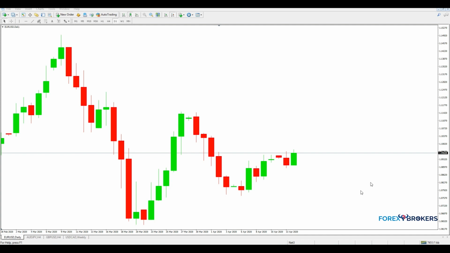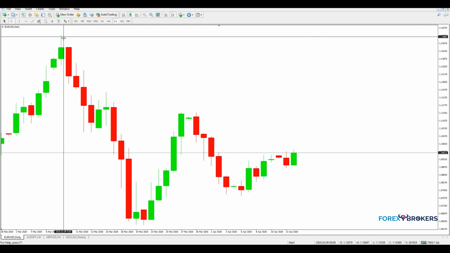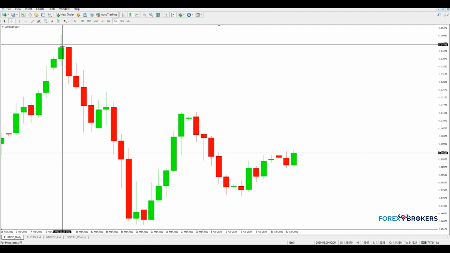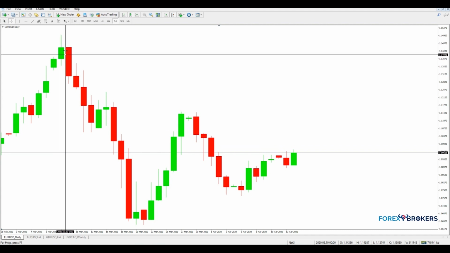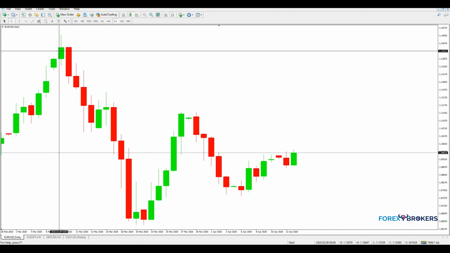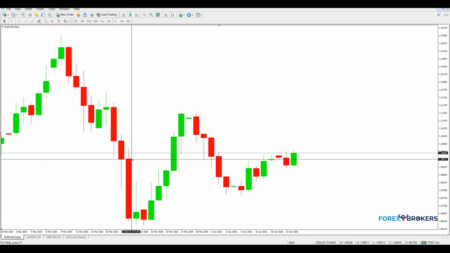A candlestick is formed out of an upper shadow, like this vertical line that you see here, or a lower shadow, and a real body. A real body's length gives you the strength of the candlestick. For instance, take a look here at this daily candlestick on the euro and the US dollar.